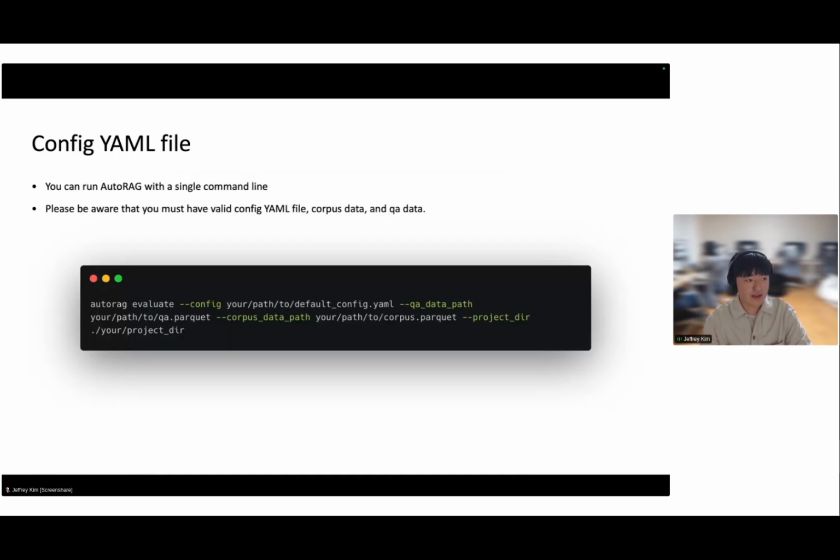Okay, so when you have written your config YAML file, you can use AutoRAG now. You just use a single command like this. You need the config YAML file, the question and answering dataset, as I mentioned before, and the corpus dataset. And the last thing is the project directory, which is optional, and you can get all AutoRAG benchmark results and optimization results in this project directory.